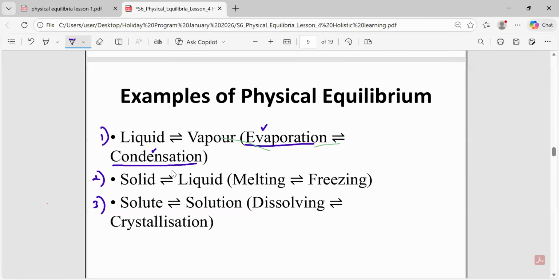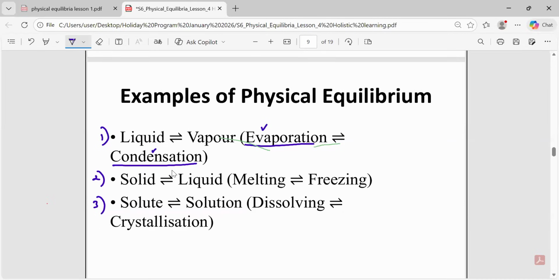In other words, the rate at which the forward reaction is occurring is equal to the rate at which the backward reaction is occurring. As this solid is melting to a liquid, the freezing is also taking place at the same rate. So the process will not stop since the reactions are equal, or at equilibrium.